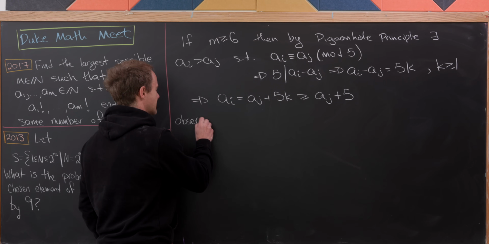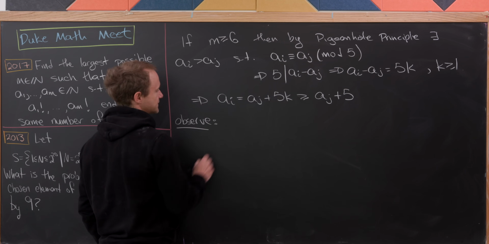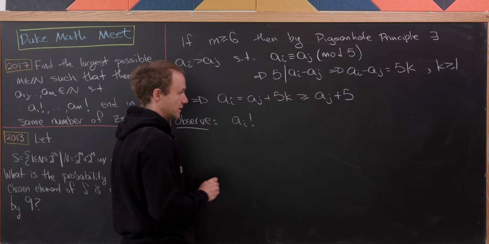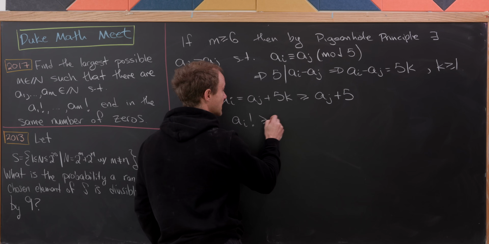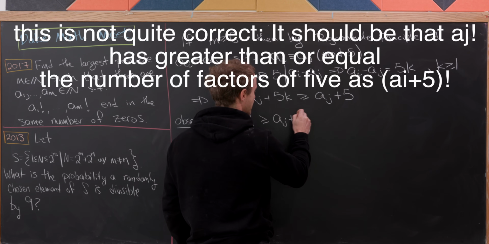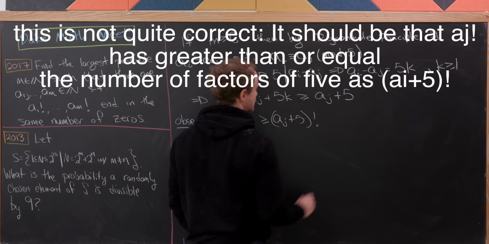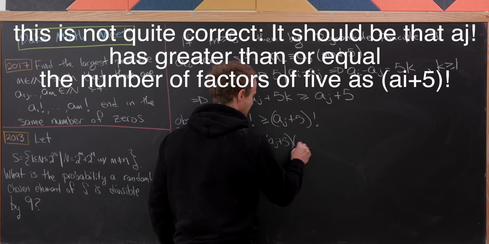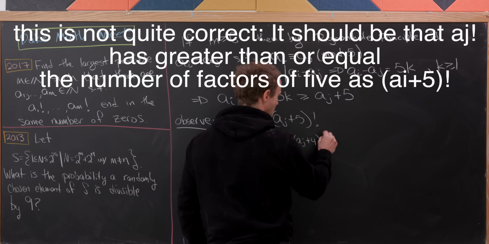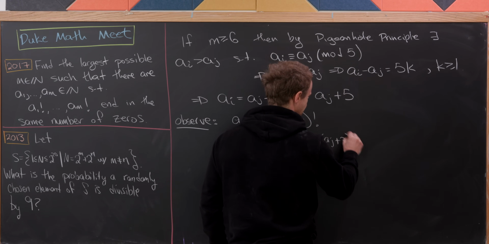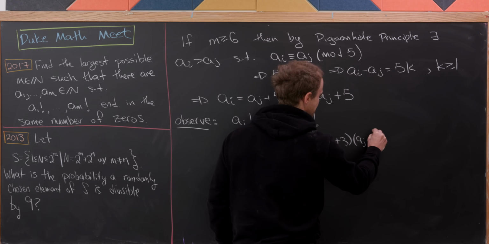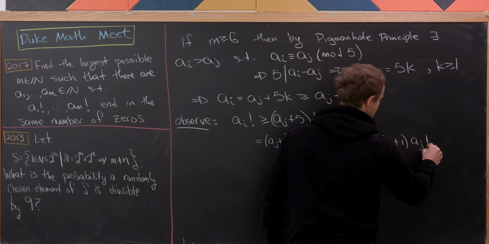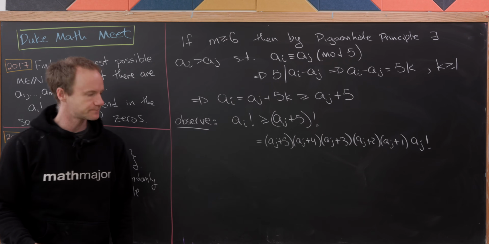So now let's make the following observation. ai factorial is bigger than or equal to (aj plus 5) factorial. But that's going to be equal to (aj plus 5) times (aj plus 4) times (aj plus 3) times (aj plus 2) times (aj plus 1) times aj factorial.